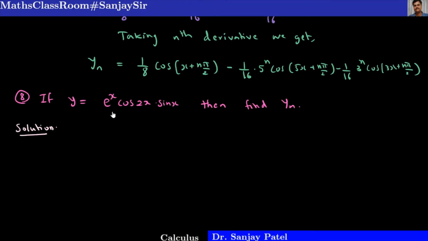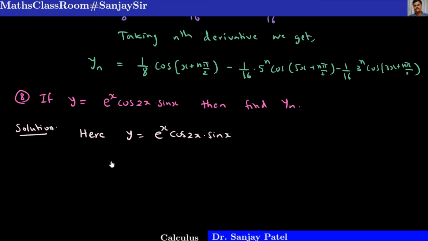We have y is equal to e raised to x into cos 2x into sin x. We'll try to convert it into the standard form, which is either e raised to ax into cos bx plus c or e raised to ax into sin bx plus c. Let us see. Here we have y is equal to e raised to x into cos 2x into sin x.